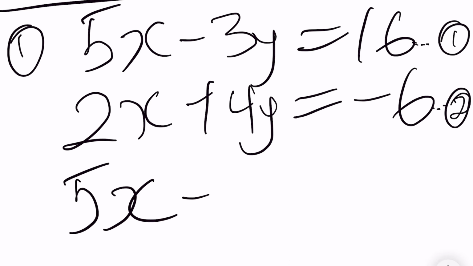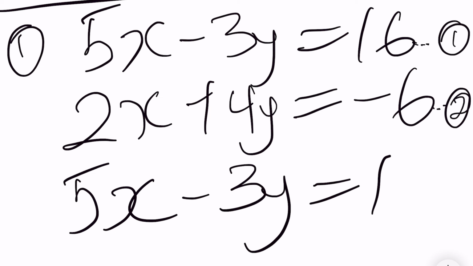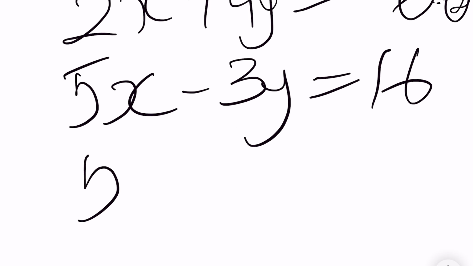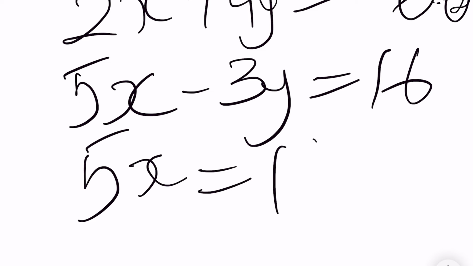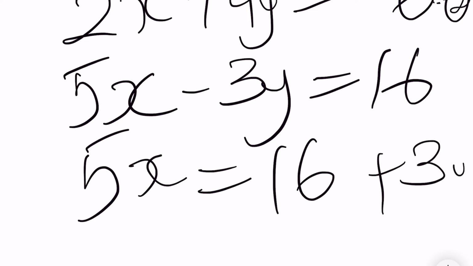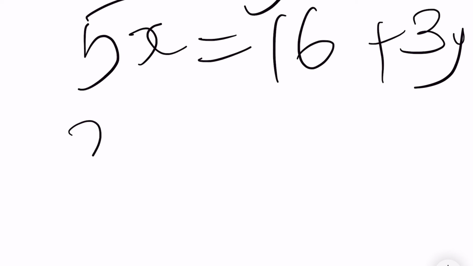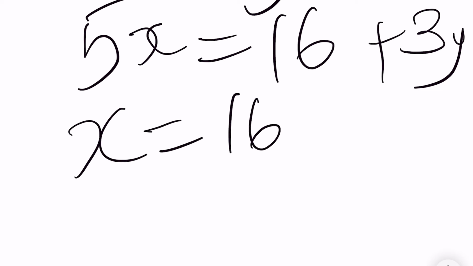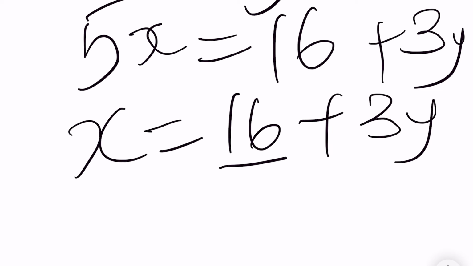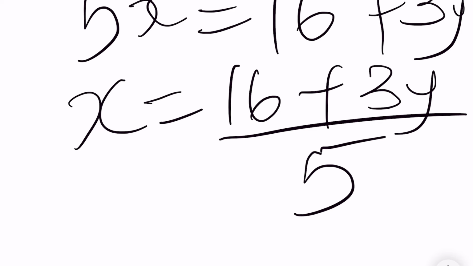So we have 5x minus 3y equals 16. So we have our 5x to be 16 plus 3y. We have our x to be 16 plus 3y over 5. So we made our x the subject of the formula.